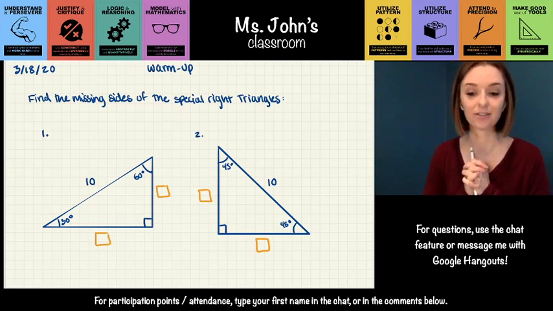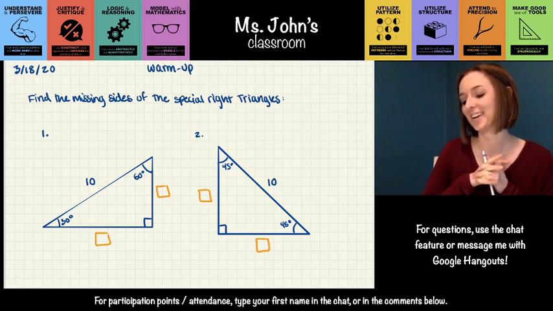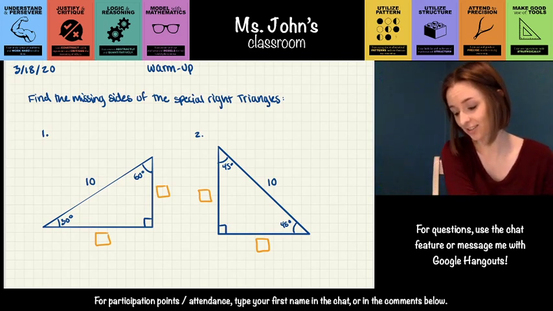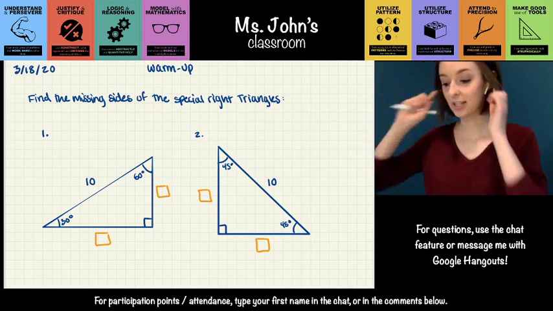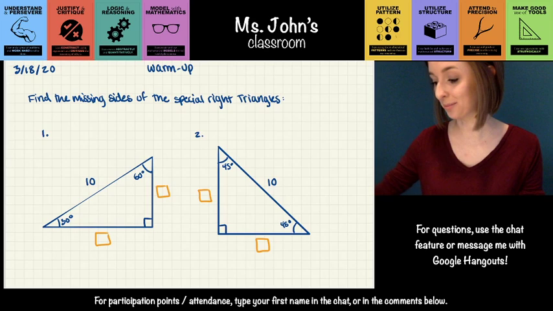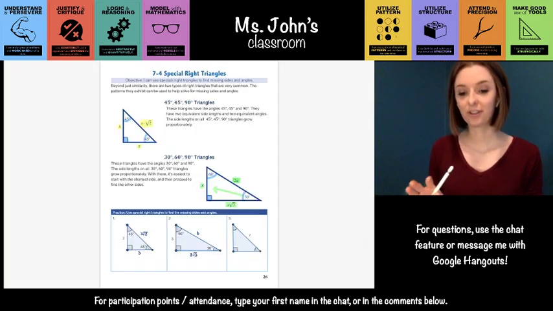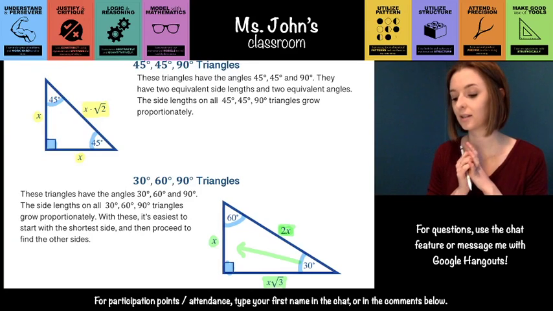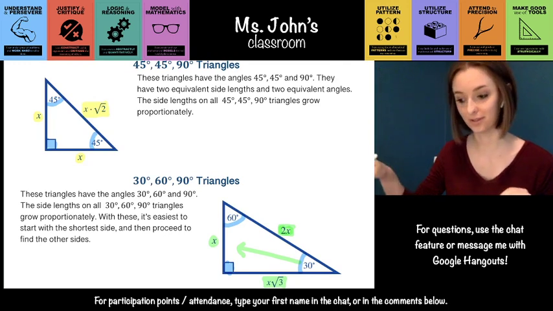So, these are special right triangles, and these are going to be important. Special right triangles, we have a 30, 60, 90 triangle and a 45, 45, 90 triangle. So just as a reminder, I have this page open because I'm prepared. 45, 45, 90 triangles have two of the same side lengths, and then the hypotenuse is going to be whatever that is times root 2.